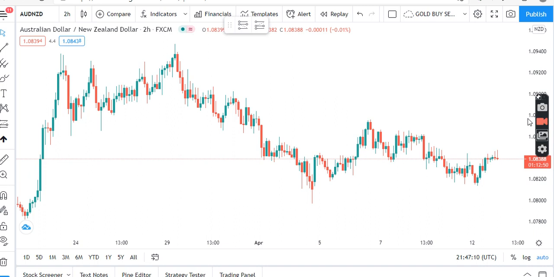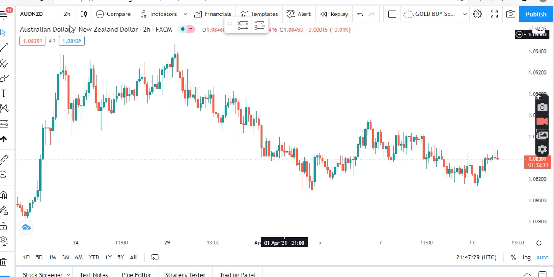Alright, so looking at this chart, this is a 2-hour chart. For me it doesn't really show me much to actually work with. So what I will do is go to a higher time frame.